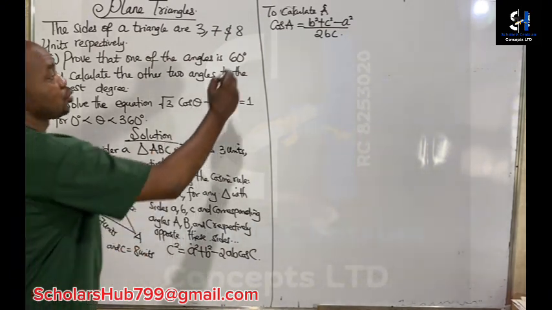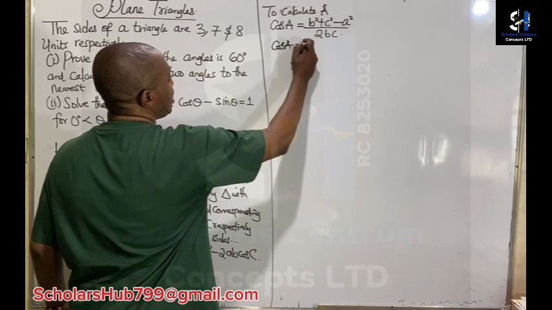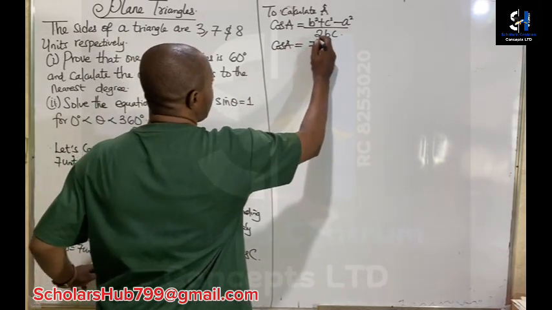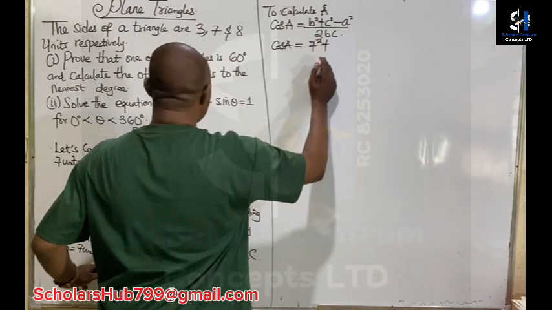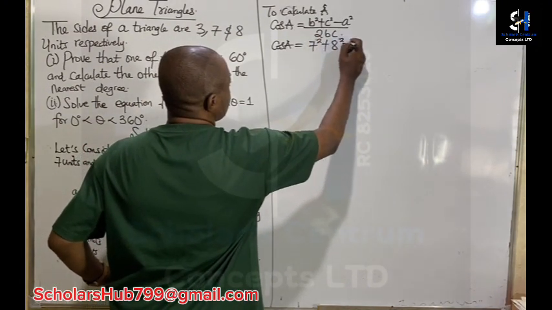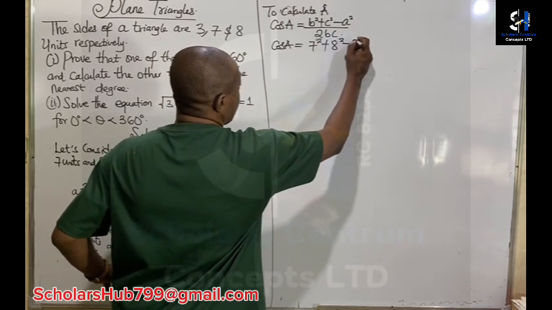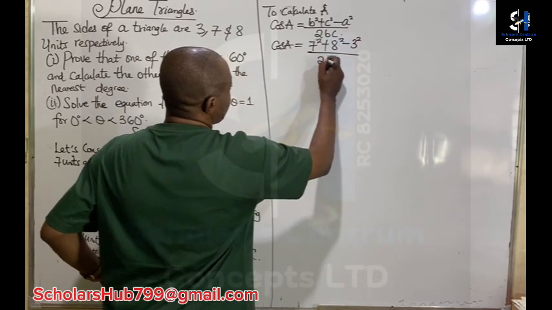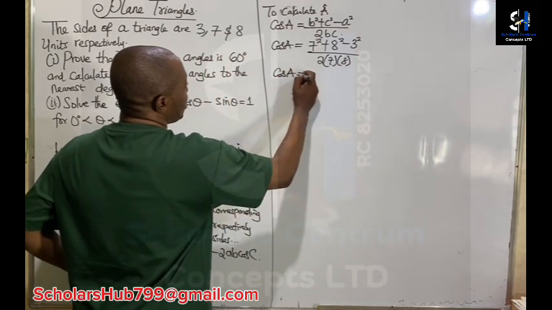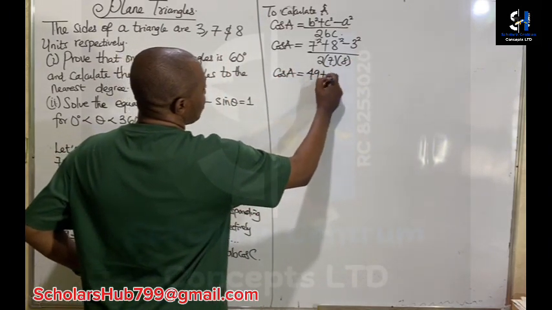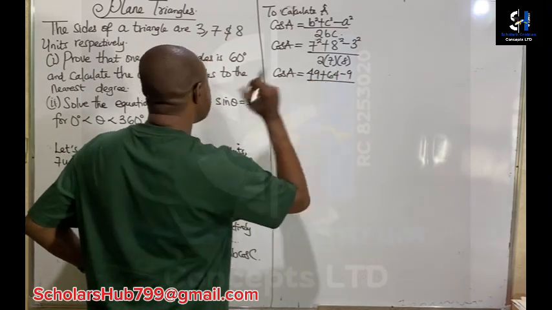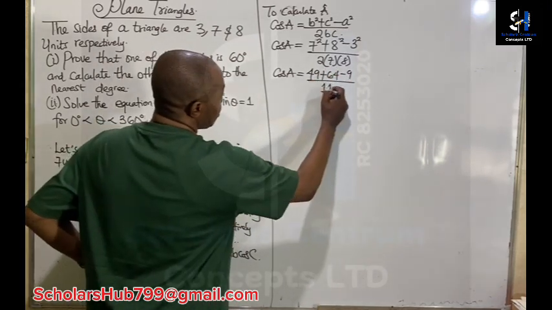So cos A equals b, which is 7, raised to the power of 2, then c, which is 8, raised to the power of 2, while a is 3, raised to the power of 2, over 2 times 7 times 8. So cos A will be 49 plus 64 minus 9 over 56 times 2, that will be 112.